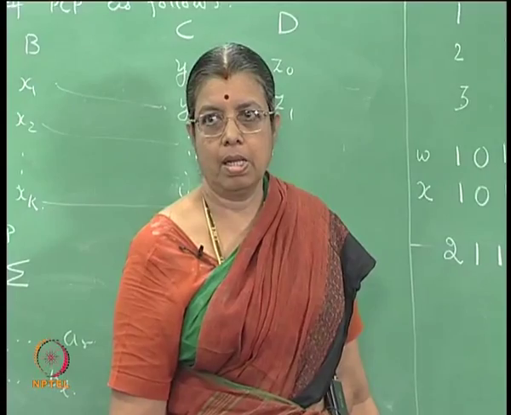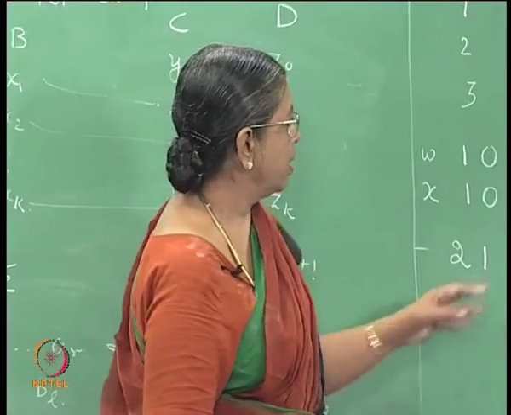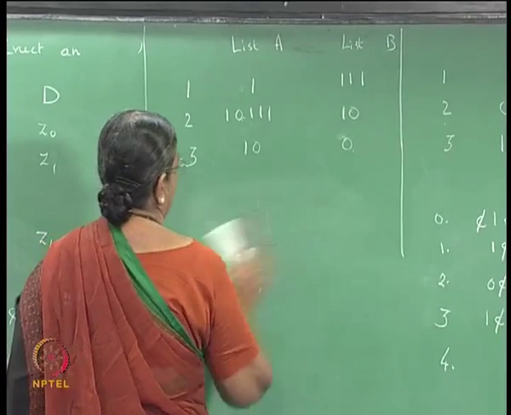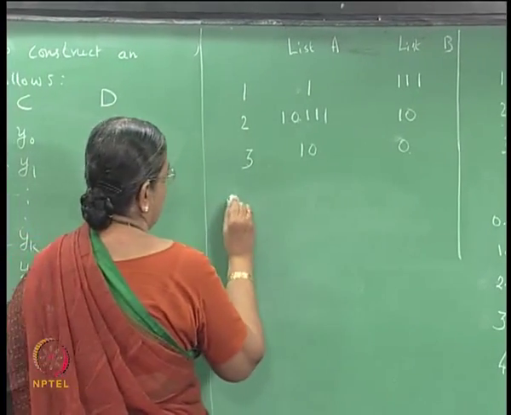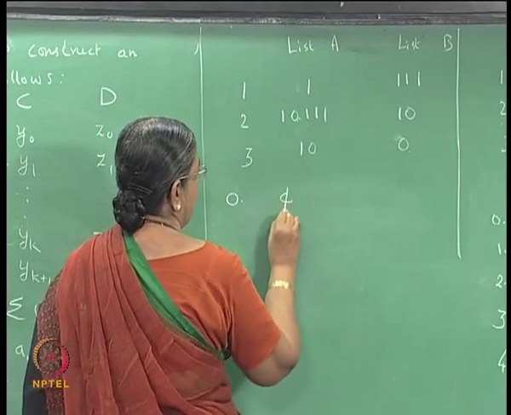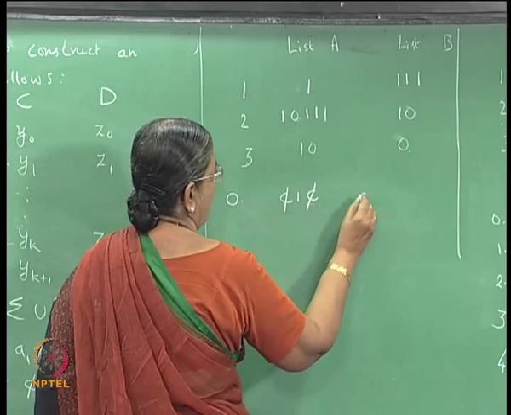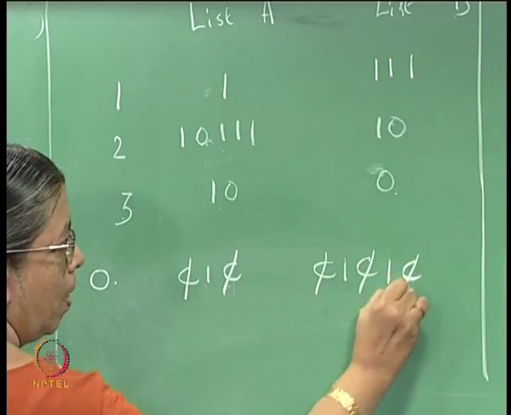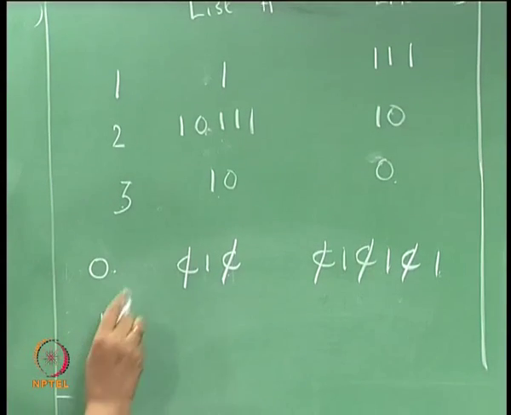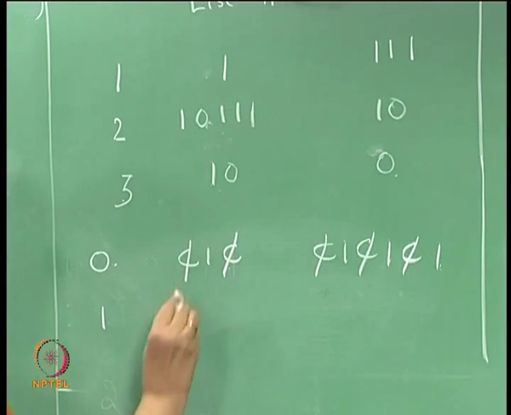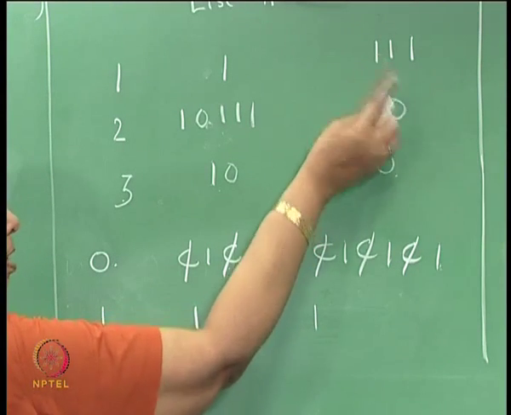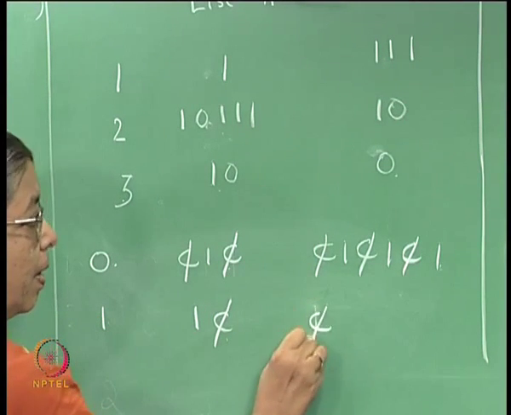Right. Let us write for here. The 0th one will be, the first one is this one followed by the cent sign. Here it will be preceded by the cent sign.